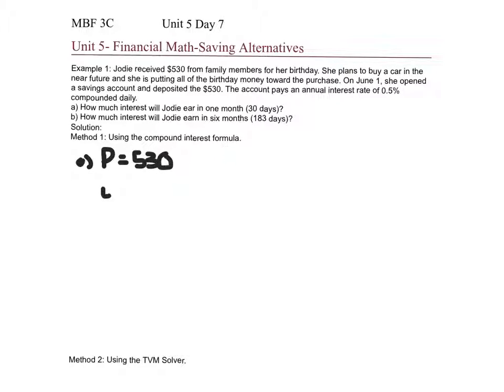So when we solve for interest, just a reminder that interest equals R divided by N. So we would get the interest rate here, which is 0.5%, placed into a decimal, divided by 365, equals, do some math here.